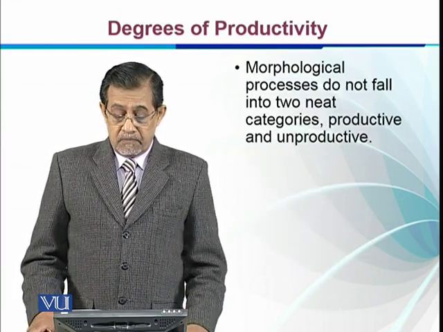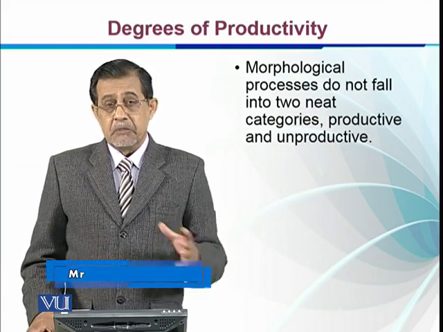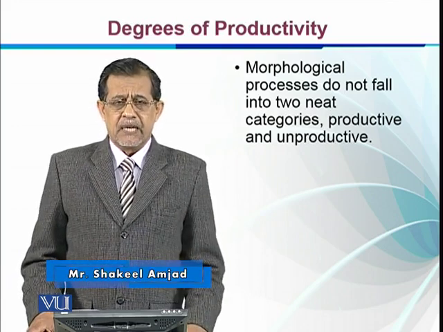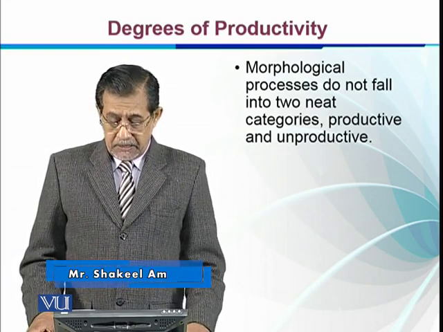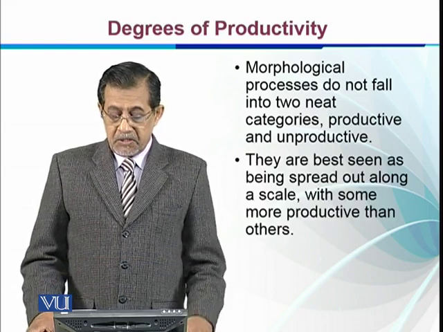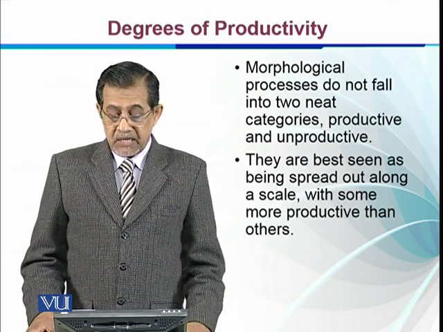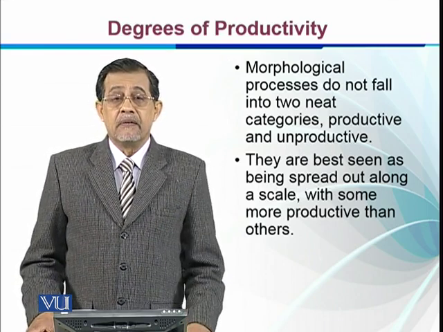So, morphological processes do not fall into two neat categories, productive and unproductive, that is, which word is to be taken and which word is not to be taken. They are best seen as being spread out along a scale, with some more productive than others.